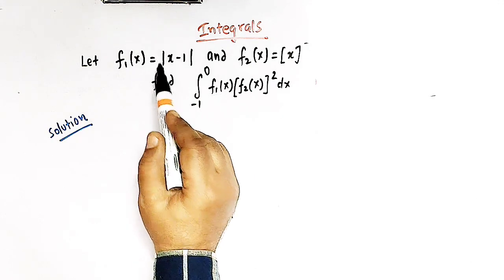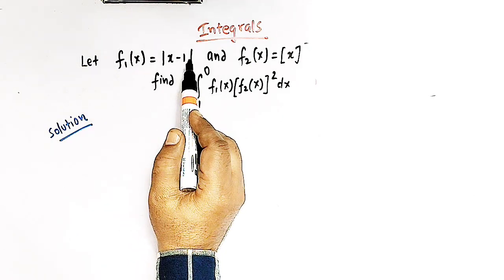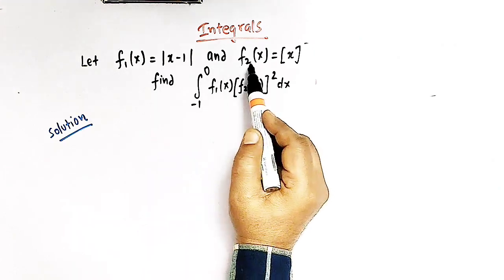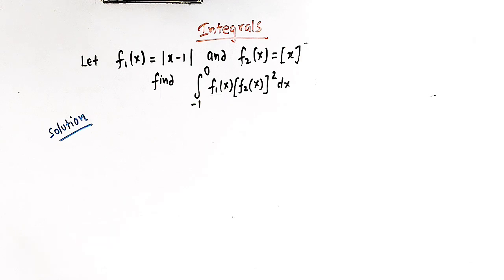So here we have the mod function, that is f1x is the absolute value function, that is mod of x minus 1, and f2x is the greatest integer of x.